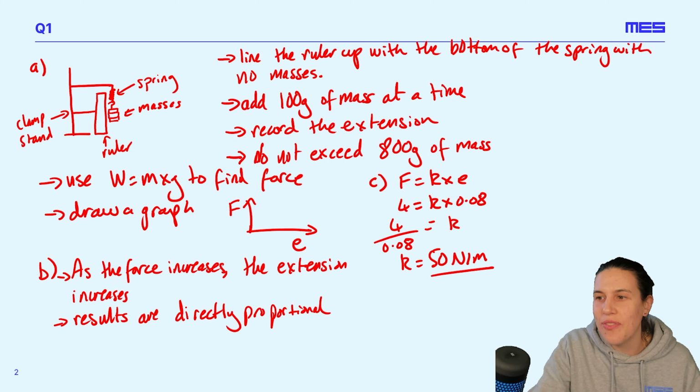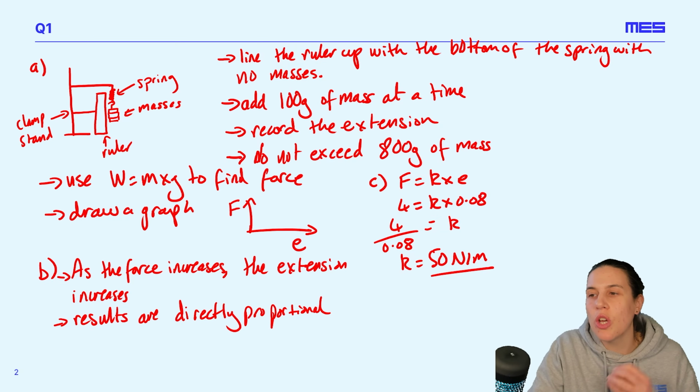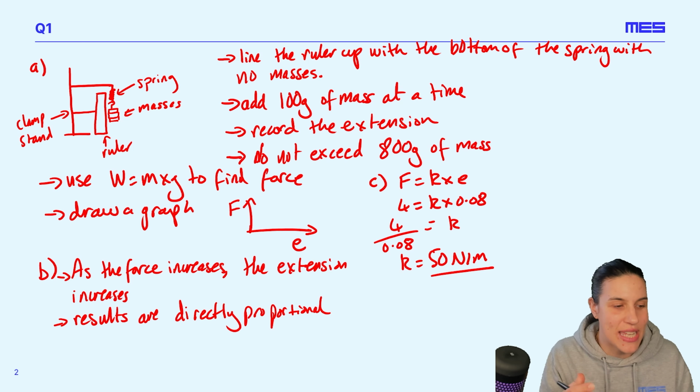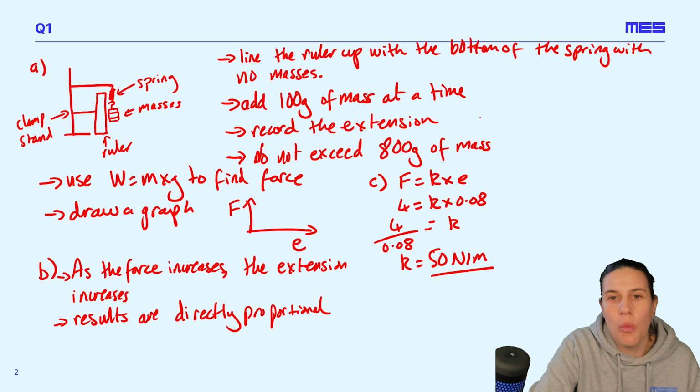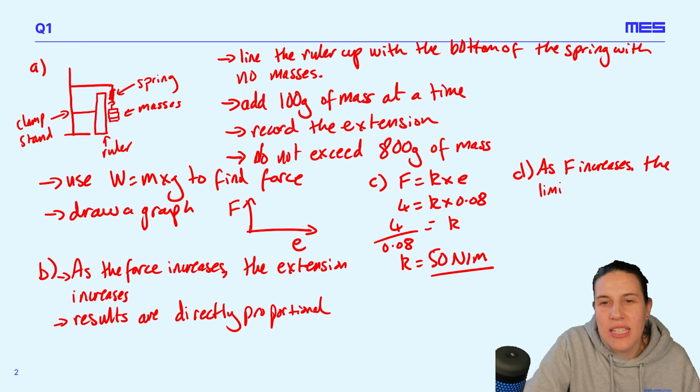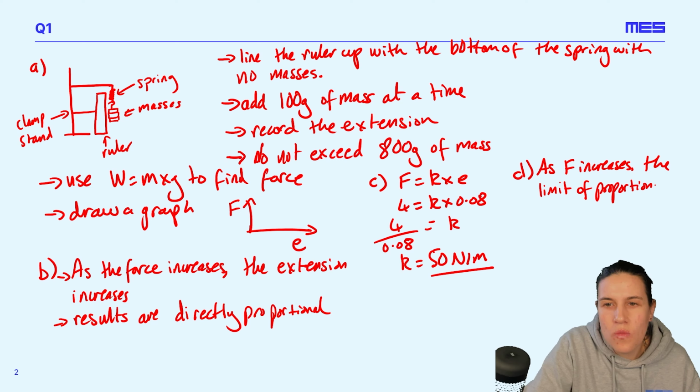Then, for part D, we're told that as the force continues to increase, it might not be possible to use F is equal to kE. Explain why. So this is because as the force increases, the limit of proportionality will be exceeded.